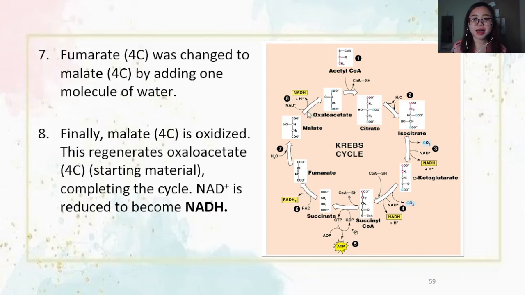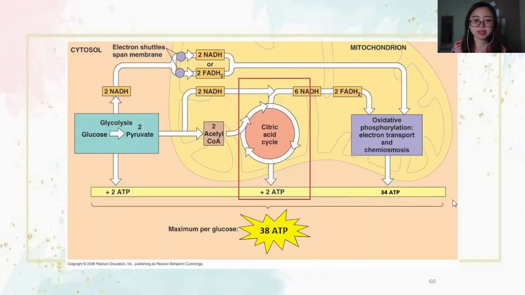Sorry. Kita akan keluarkan hydrogen daripada malate, dan dia akan menjadi oxaloacetate. So, ini adalah part di mana kita buat semula, hasilkan semula, starting material kita, iaitu oxaloacetate. So that is the whole of the Krebs cycle summarized in 8 steps.